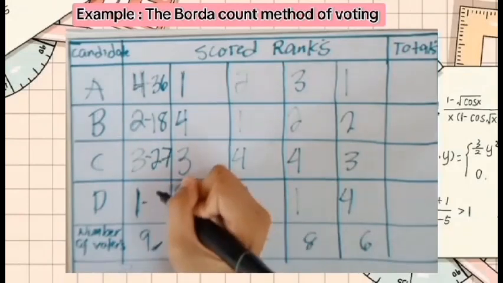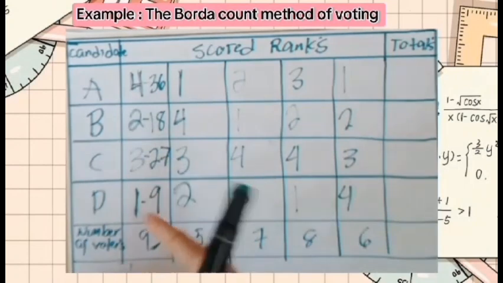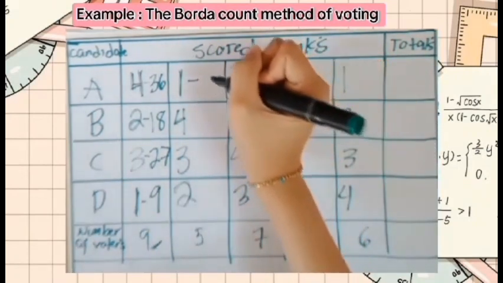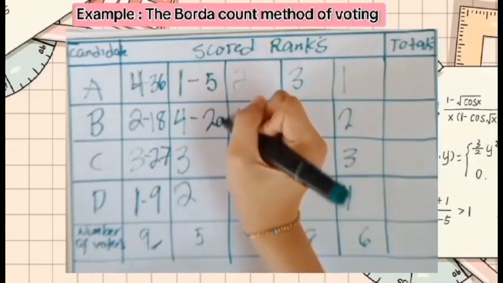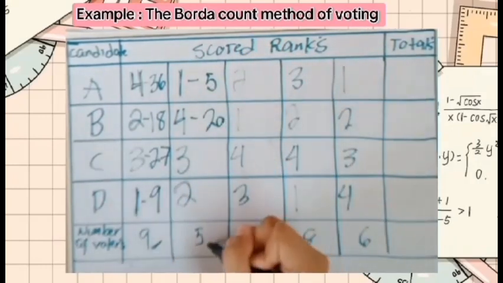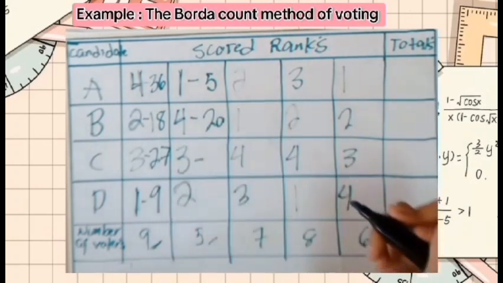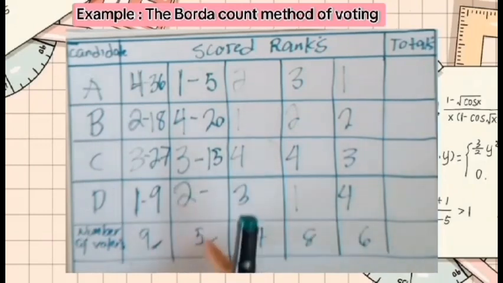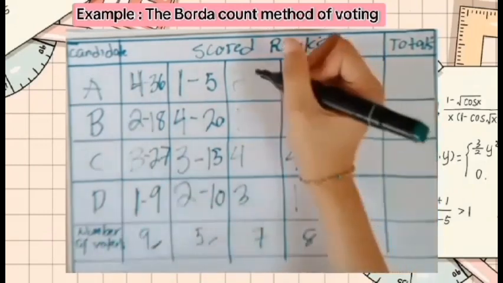And 1 times 9 equals 9. So, yan na yung mga na-times nila. Dito, 1 times 5 equals 5. 4 times 5, 20. Then 3 times 5 equals 15. So, 2 times 5 equals 10. So, ipagpatuloy lang natin siya.